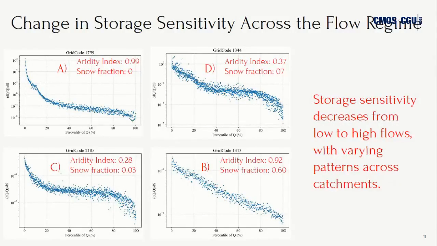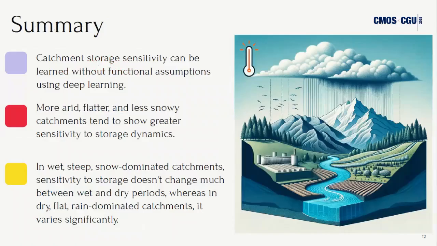Also, we are going to extend the study area in the near future. We will evaluate the sensitivity function across ungauged basins, and see if we can develop indices from static catchment attributes to give rough estimates of catchment sensitivity.